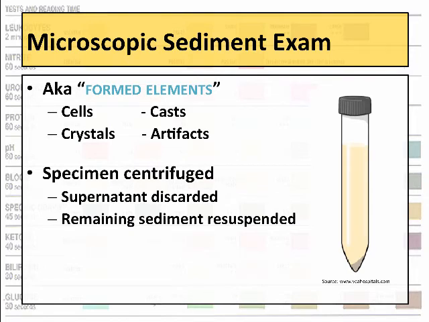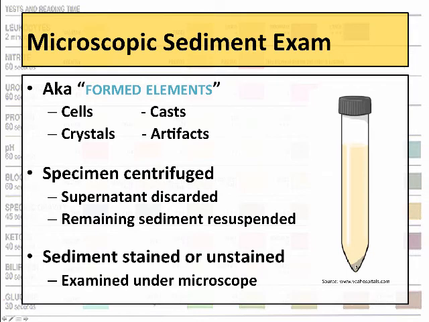What will happen, in just the gist of it, is you're going to get a sample of urine, usually about 12 mL. You put it in one of these fancy tubes here that has a conical point at the end, and you're going to centrifuge it for 5 minutes. You're going to discard the supernatant at the top, and you're going to keep all the stuff at the bottom, which is the sediment. And you're going to mix it up, and we're going to look at it under a microscope.